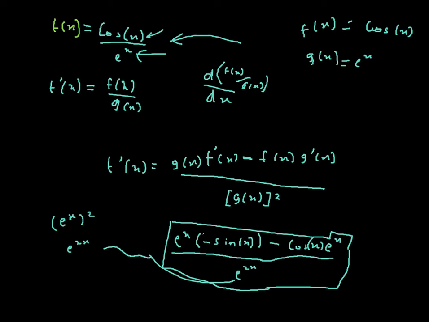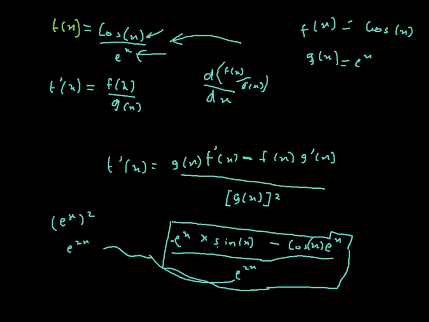The simplified answer will be somewhat like, let's put out the minus sign and the bracket. So it will be minus e raised to x into sine of x minus cos of x into e raised to x, divided by e raised to 2x.